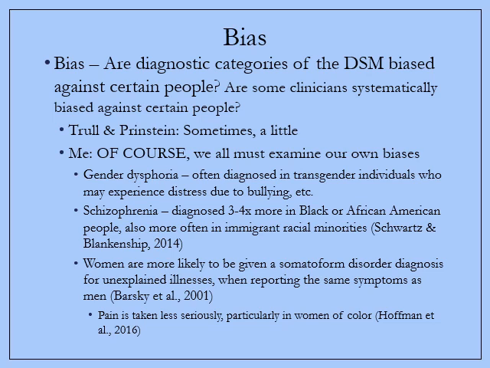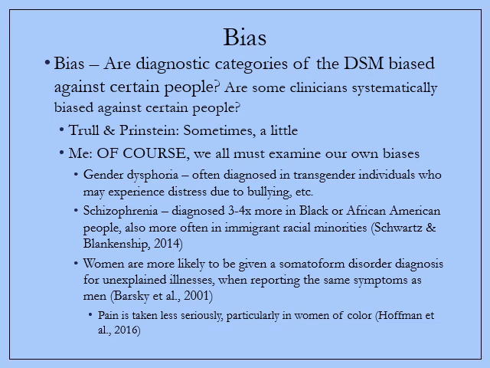And as well, I think there are systematic issues within society that are unfortunately reflected in the clinical community. So for example, I talked a bit about gender dysphoria earlier.